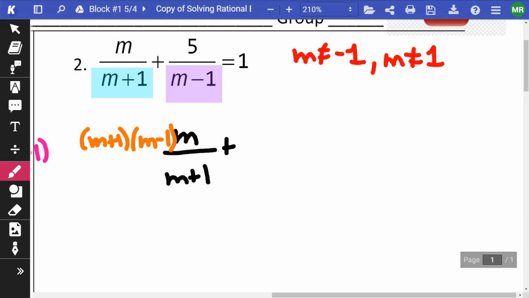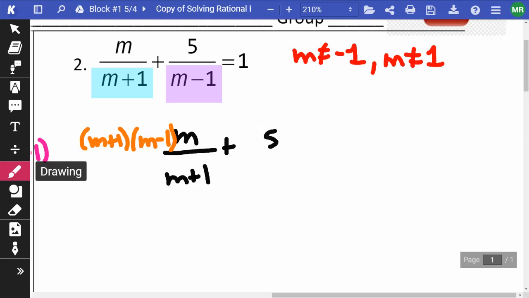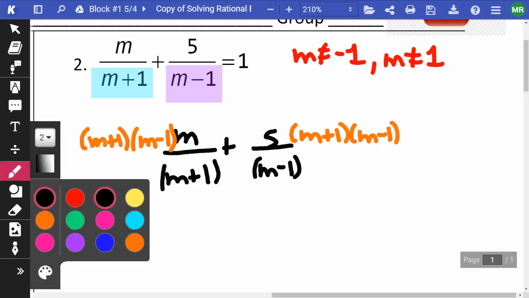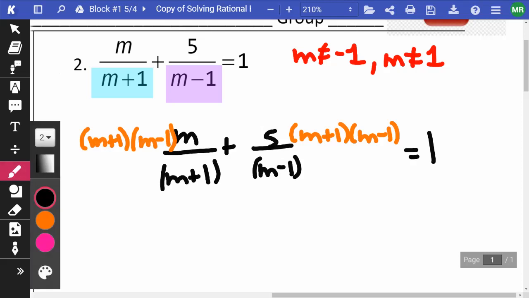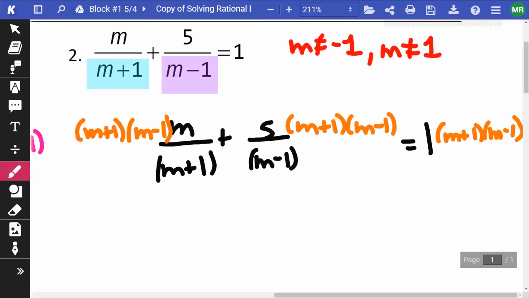And then I'm going to have my 5 over m minus 1, and again, that's going to be multiplying by m plus 1, m minus 1. And then on the other side, I have equal 1. And that also has to be multiplied by m plus 1, m minus 1. Okay, so that's what I'm multiplying everything by.